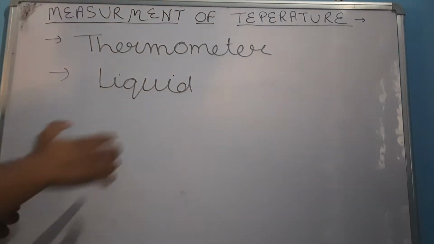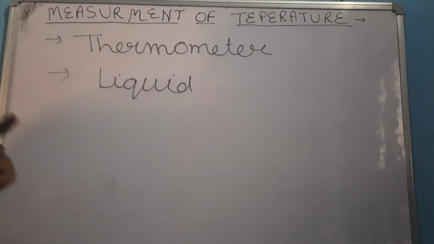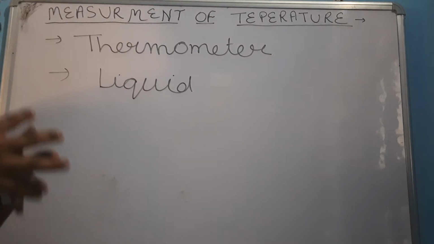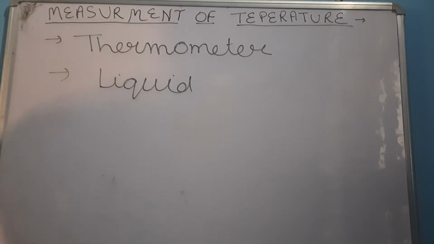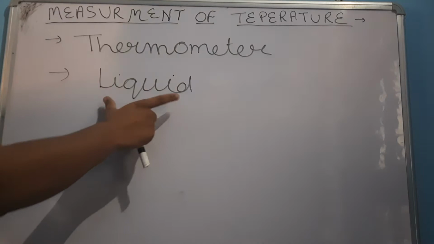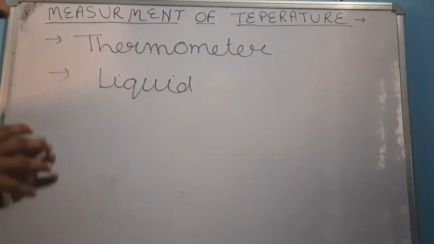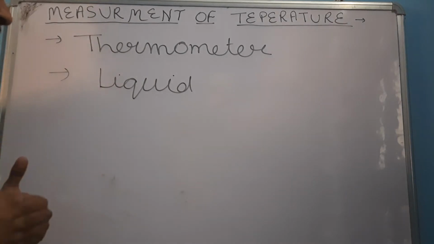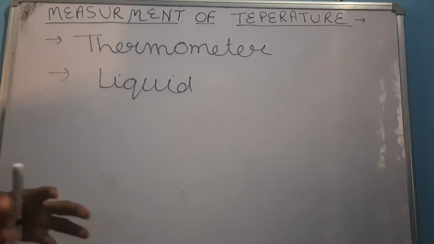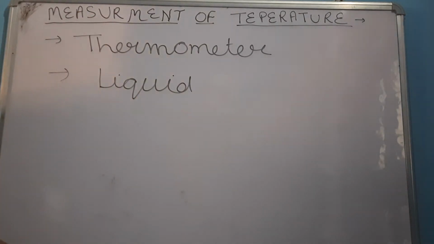This thermometer contains liquid which helps us in understanding the temperature of bodies. We know that when we provide temperature to a liquid, it will start expanding. We will use this property and we will measure the temperature of a body.